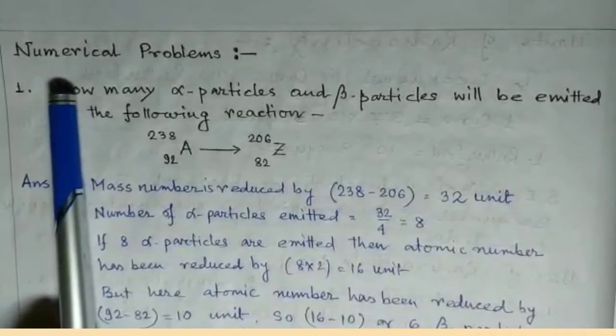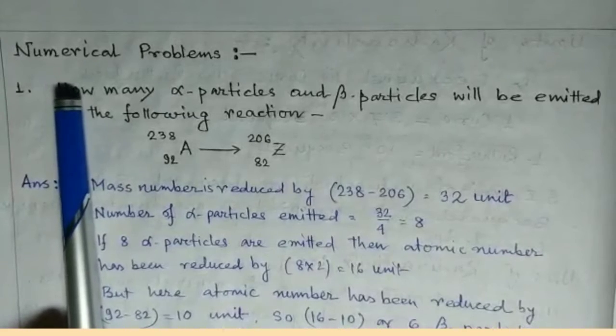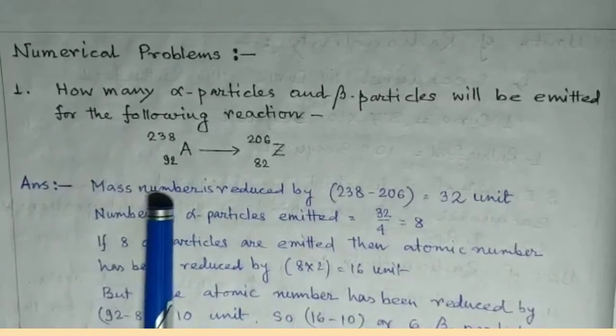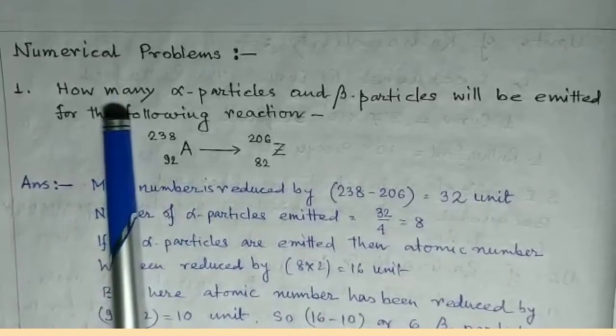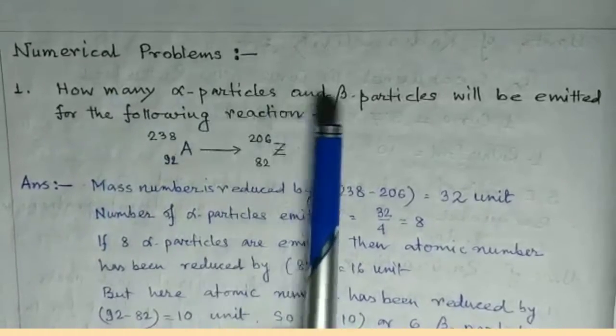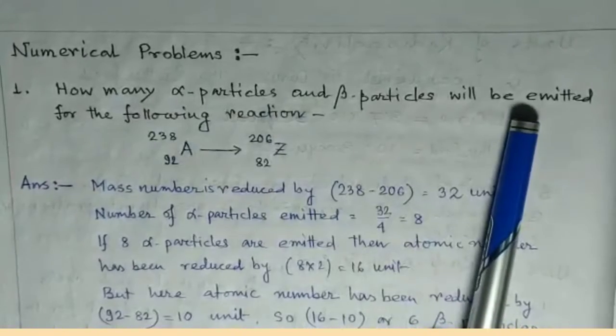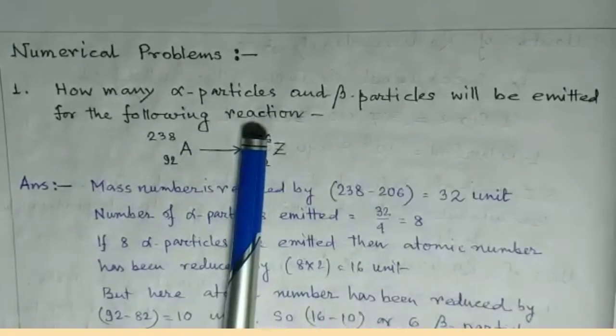Discuss about the numerical problems related to alpha and beta particle emission. The first problem is how many alpha particles and beta particles will be emitted for the following reaction.